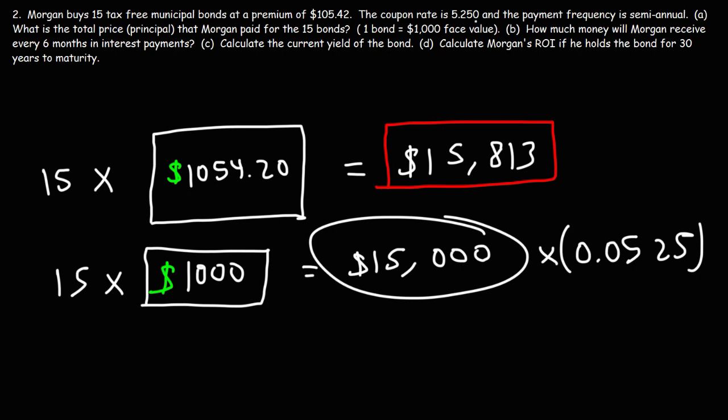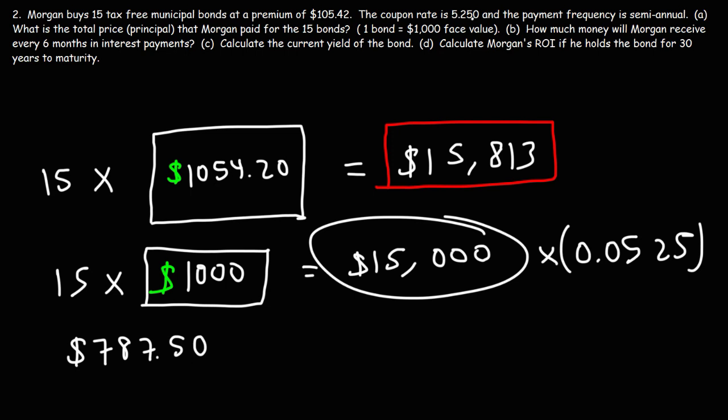What you can do is move the decimal point 2 units to the left, and you get 0.0525, or just divide this number by 100 to convert it to a decimal instead of a percentage. So 5.25% of 15,000 is $787.50. So this is how much he's going to receive in interest payments for the whole year.